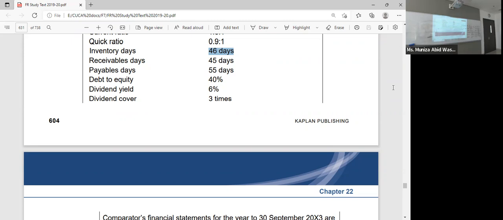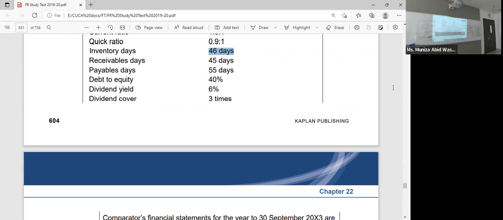For 54 days, it is losing the interest which could be earned on the amount stuck in the inventory. If the organization had not spent on the inventory, it could have invested the amount somewhere, maybe by giving a loan to someone and getting a return in the form of interest. So the organization is losing that interest for 54 days as well. That is the holding cost of inventory.